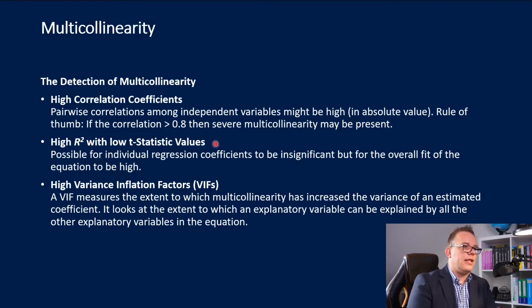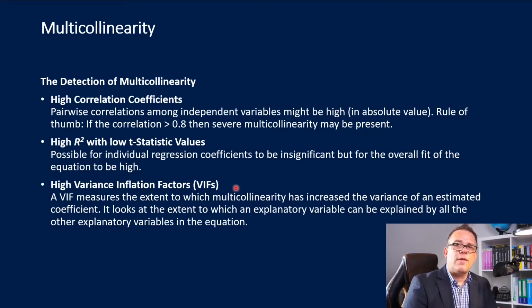Another strong indicator is a high R-square with low t-statistic values. This is exactly what I just told you. We have a high volatility in our system, reducing the t-statistics, but still the R-square is high. That's a curious situation. Keep that in mind if you see that and you can't explain it. This might be the reason. But the best solution to this problem is to calculate variance inflation factors.